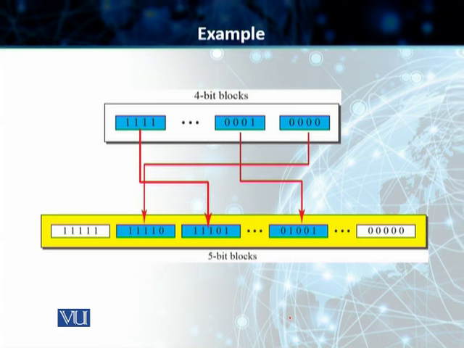For Manchester, we saw that we need a higher bandwidth, 1 megabits per second, but it does not have the DC component problem. So the choice is yours, depending upon whether you want to do a dedicated line communication or whether you want to remove the DC component because you have got a long distance communication. You can choose either one of the NRZ-I or Manchester with the block coding, and that will solve your synchronization as well as your DC component problems.